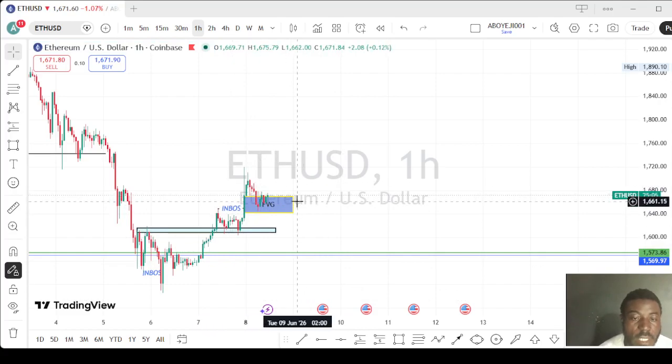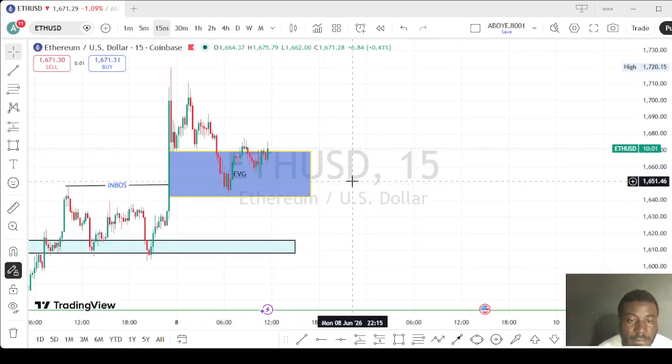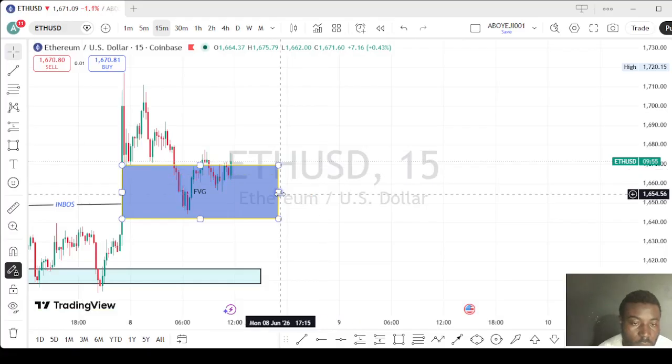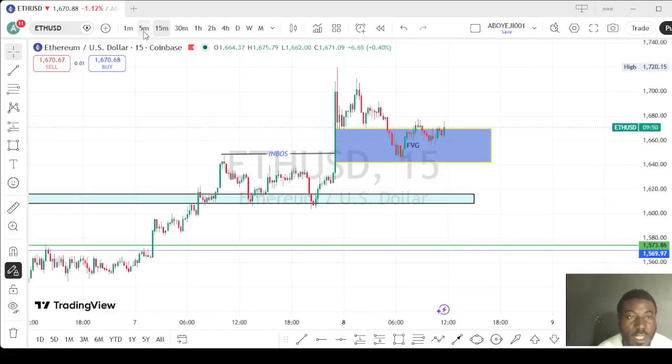So let's move to the 15-minute time frame. This is the 15-minute time frame. This is what the market is giving us on the 15-minute time frame.